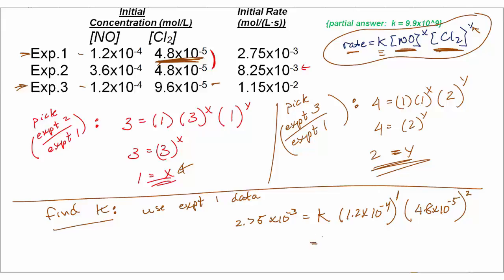Okay, so let's take 2.75 times 10 to the negative 3. Let's divide it by 1.2 times 10 to the negative 4. And let's divide that by 4.8 times 10 to the negative 5, squared. Where's that button?